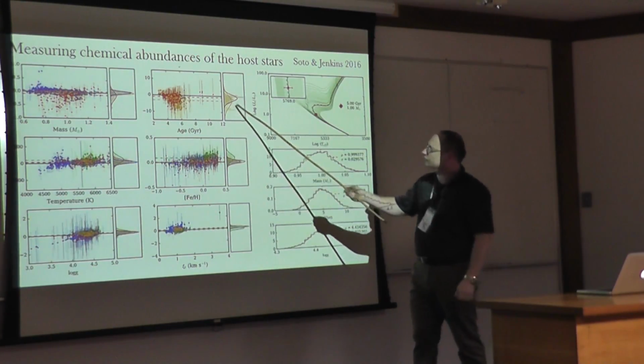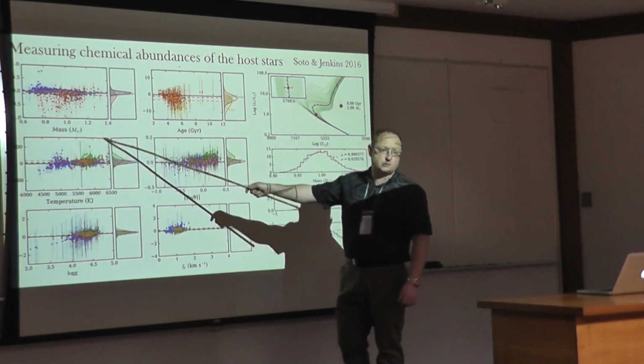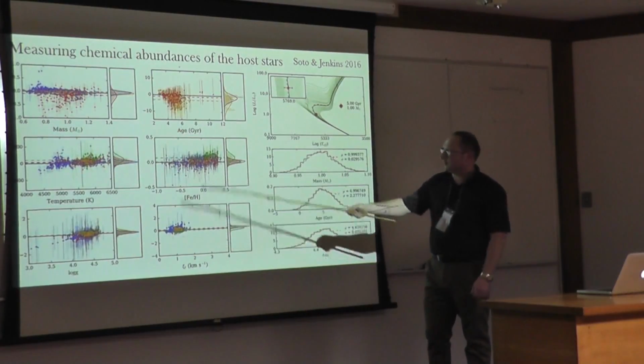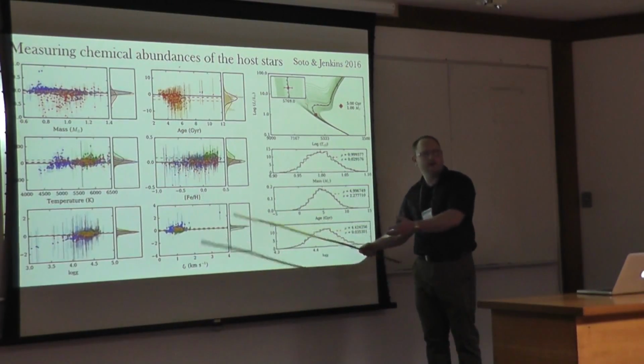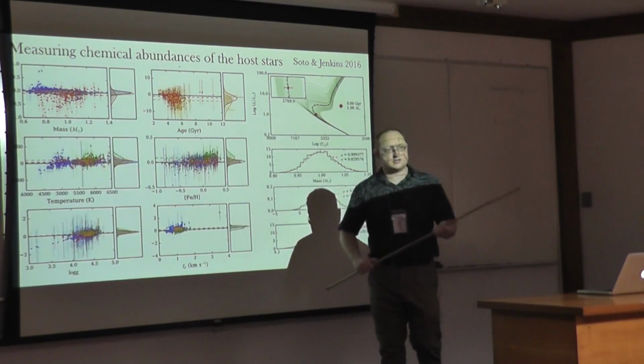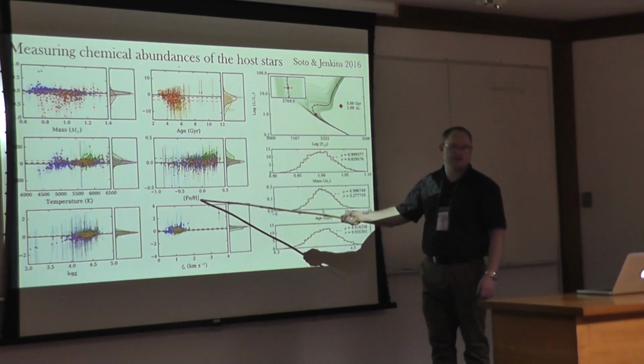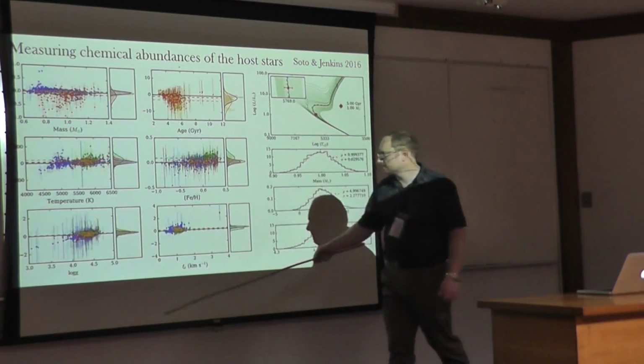And again, I'm just showing the distributions here. We determine bulk parameters first: mass, age, temperature of the sample, and then from this we can get a robust, self-consistent, kind of homogeneous measurement of the metallicity, which is the iron abundance.